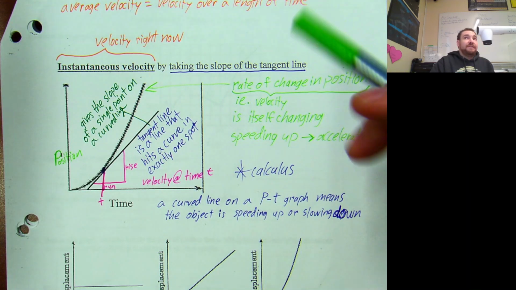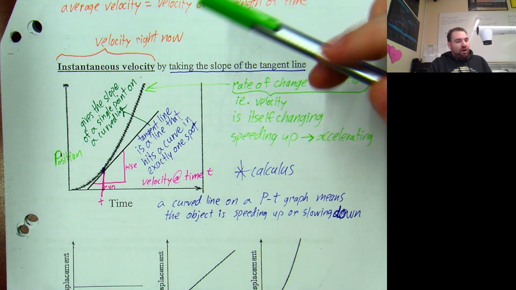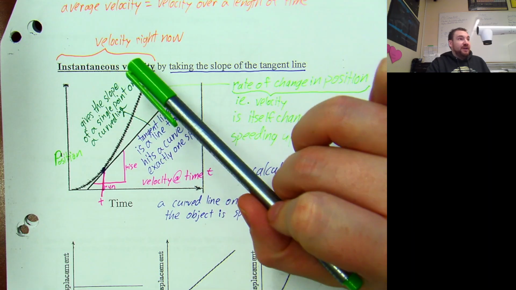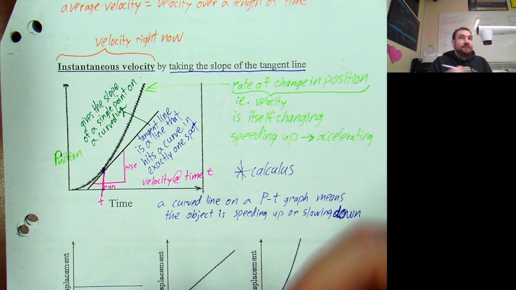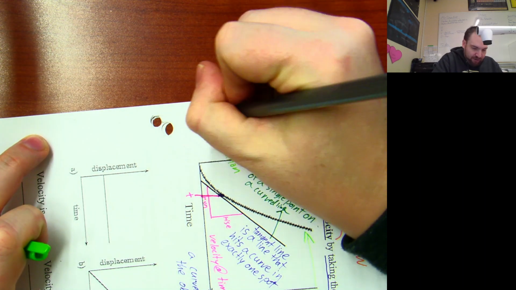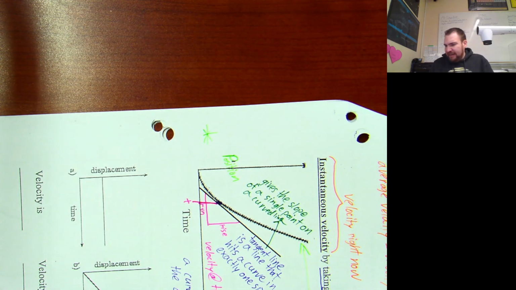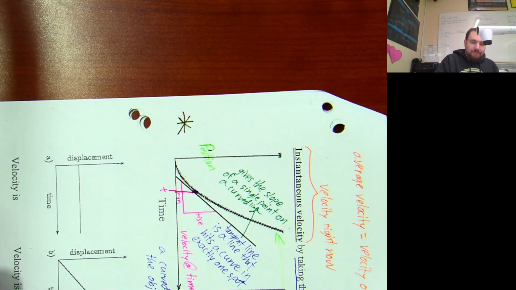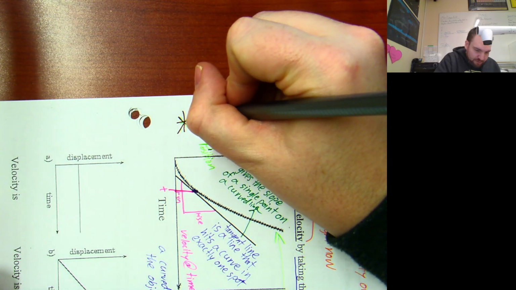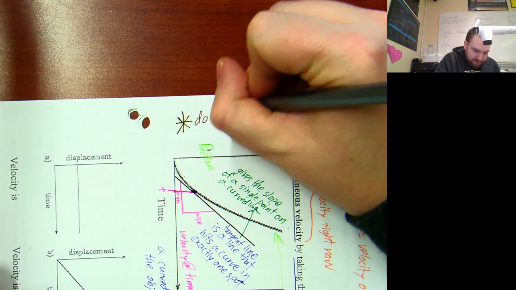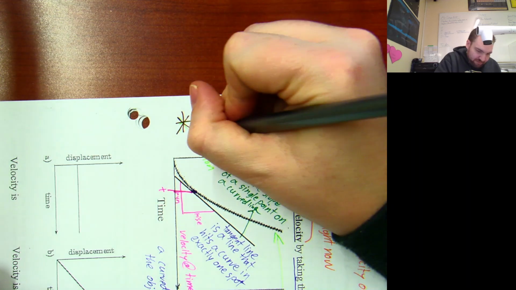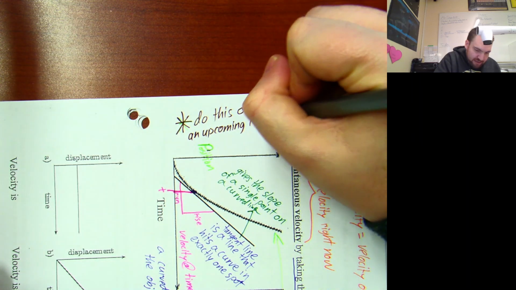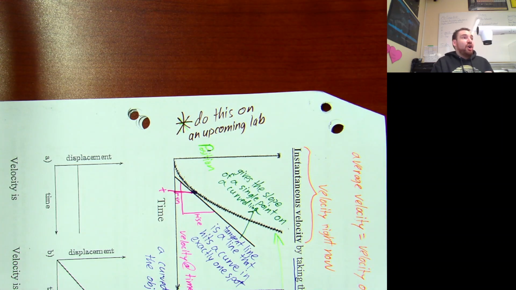Okay. So this, I'm not going to give you just so you're aware, there are 2 questions out of your homework that I'm going to get you to practice instantaneous velocity on. But the bulk of this, I'm going to put a big star here and a color that we can actually read. You're really going to practice this on an upcoming lab.